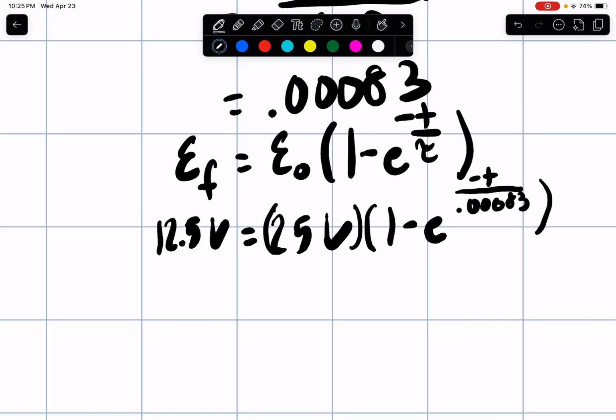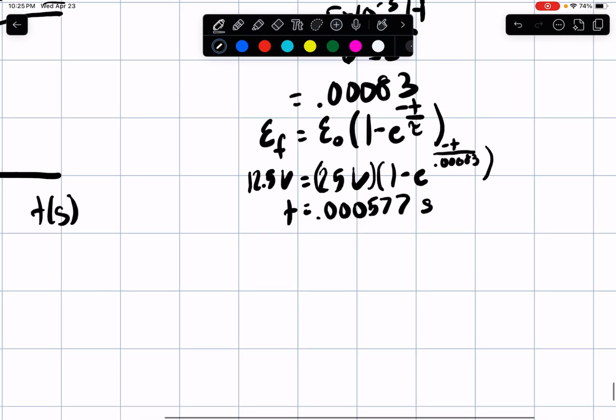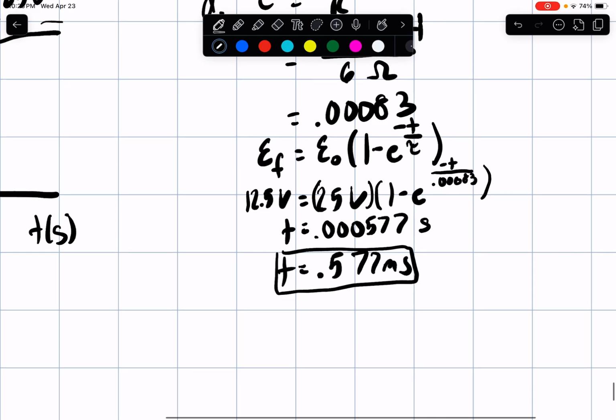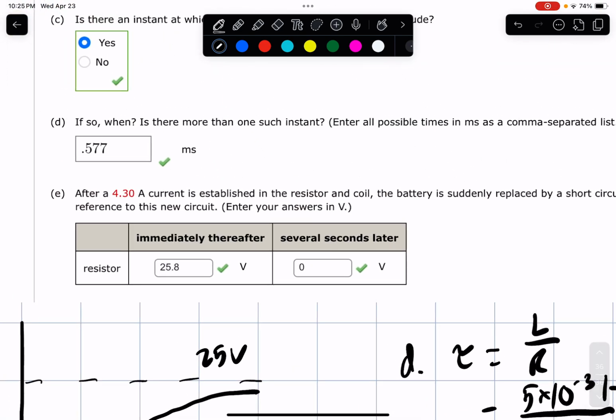So now you plug this into your calculator, and you will get that t is equal to 0.000577 seconds. But I believe they wanted their answer in milliseconds. So in milliseconds, that would be 0.577 milliseconds. If you look at your answer there for part D, that is the answer.